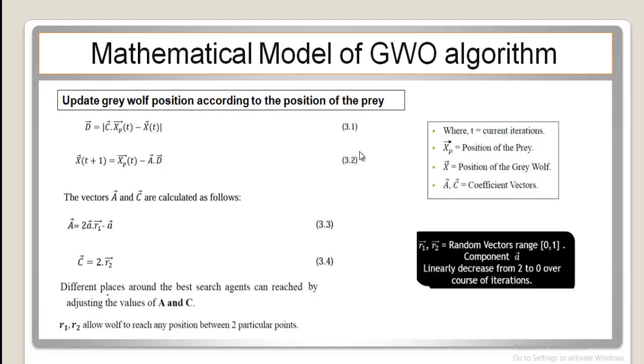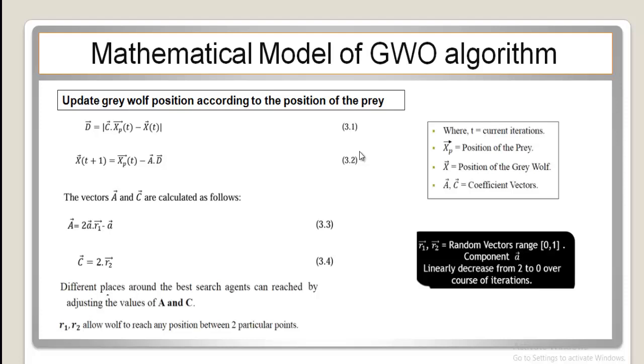The value of a decreases linearly from 2 to 0 over the course of the iterations, influencing the step of the movement. The coefficient vector C, in equation 3.4: similarly, the vector C is obtained by multiplying the random vector R2 with 2. This vector introduces randomness into the movement strategy, contributing to the algorithm.